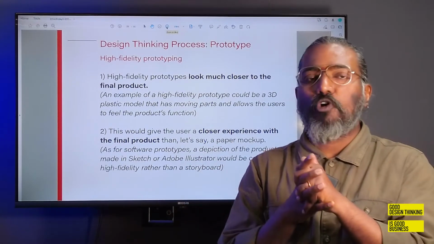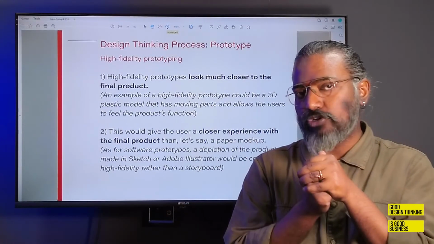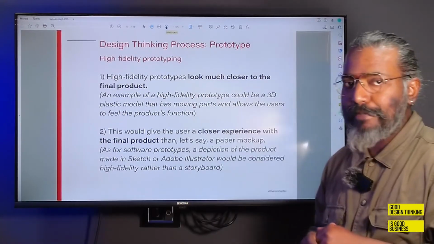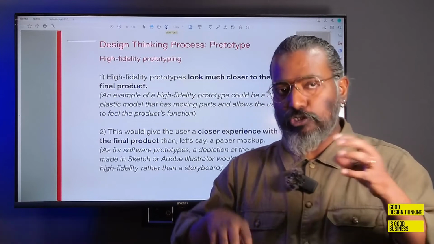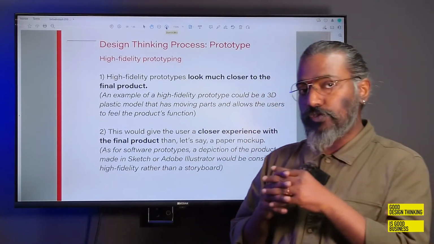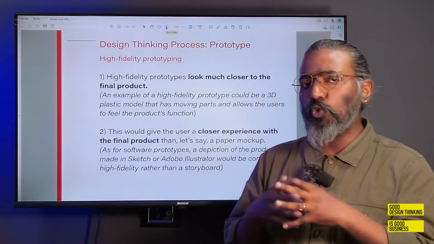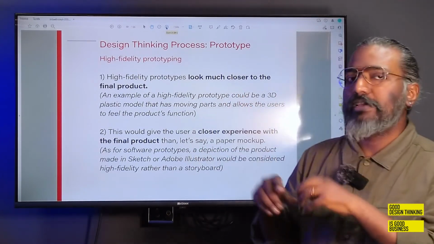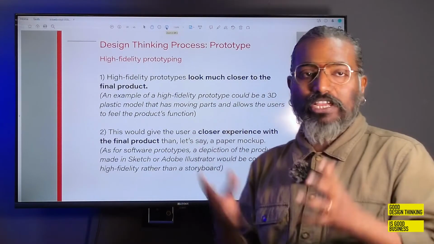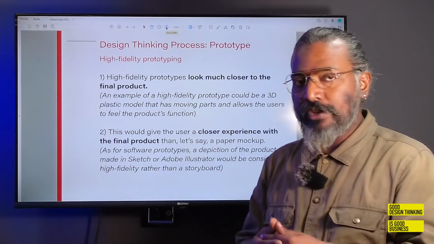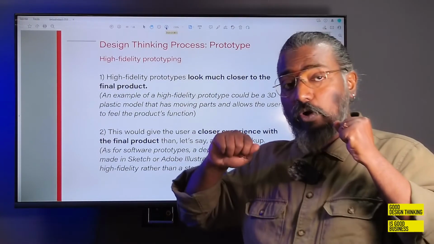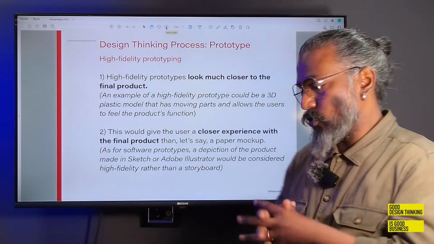Like you must have seen that Tesla Cybertruck, okay? They brought that prototype on the stage and they drove it. And that's not a final produced thing. I think they made two prototypes, which are functional products, to give the look and feel of their coming Cybertruck products. So that's almost closer to their final product.